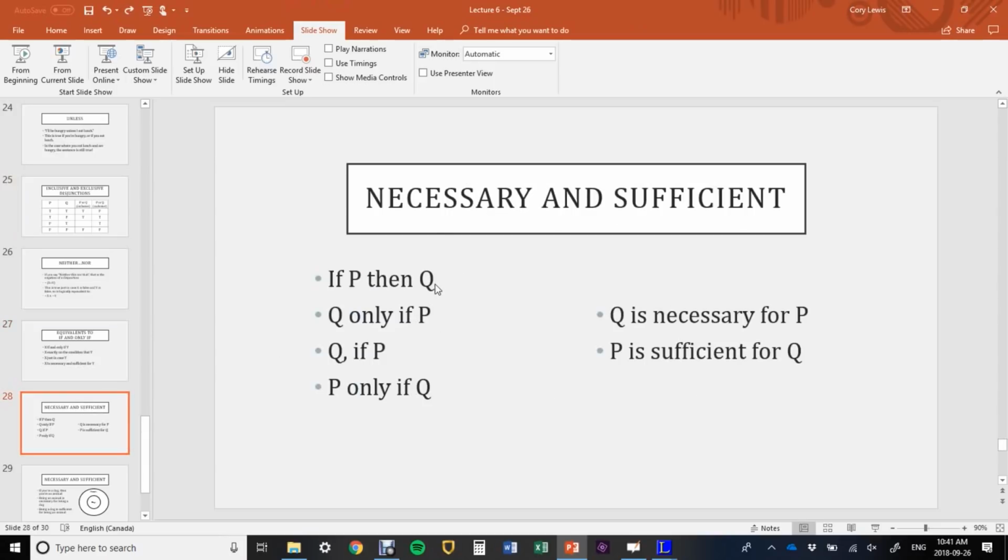So, these should all be the same. The goal was if P, then Q. Because you have only if twice, and then you have them flipped, so one of them has to be wrong. But this one was wrong too. I think that last one was right and this one was wrong.